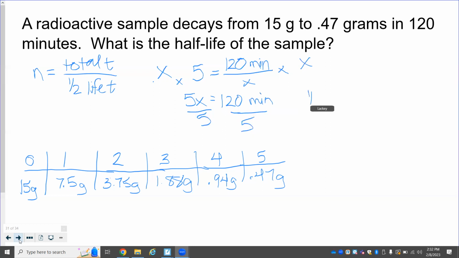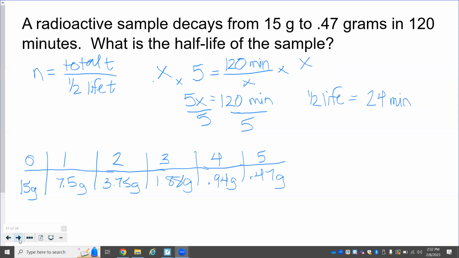And we get that the half-life is going to be equal to 24 minutes. So every 24 minutes, that sample, the number of isotopes cuts in half.